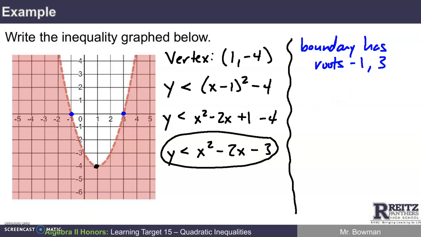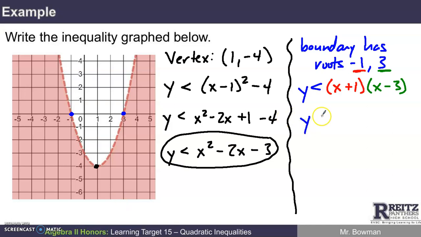So this approach would say, well, I need to write a boundary equation that says y is, we still know it's going to be y is less than, don't we? And I can pick out a factor for each of the roots that I see. So what factor would I choose for -1? I need a factor that is 0 when x is -1. How about x plus 1? What factor could I pick for x equals 3? A factor that makes the whole factor 0 when x is 3? X minus 3.